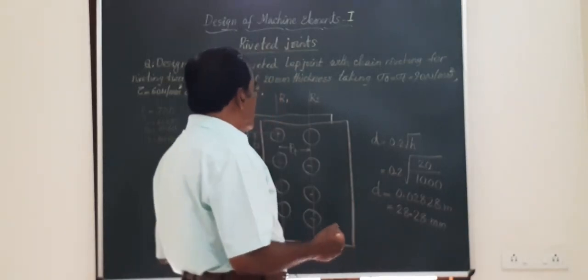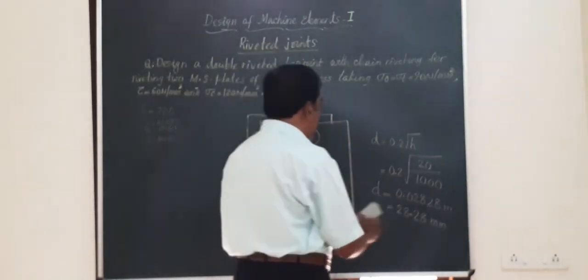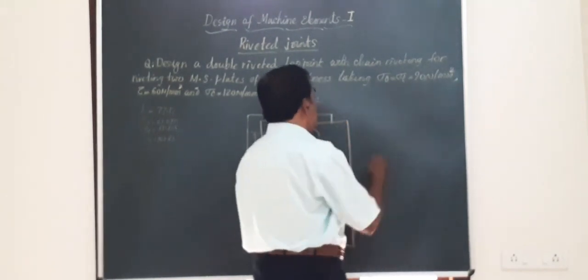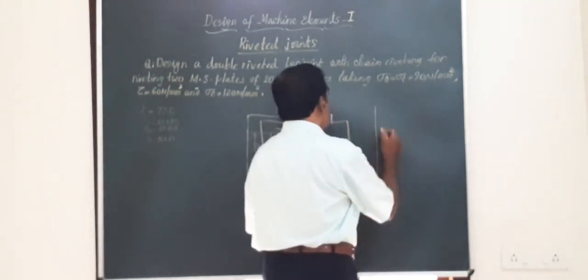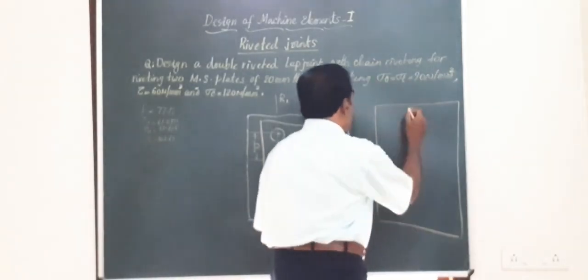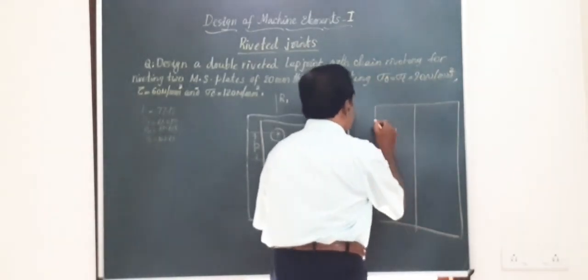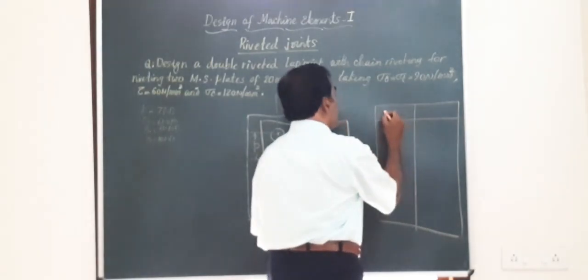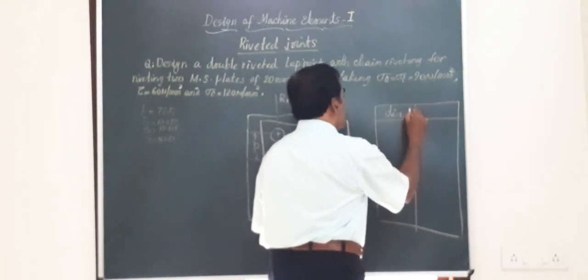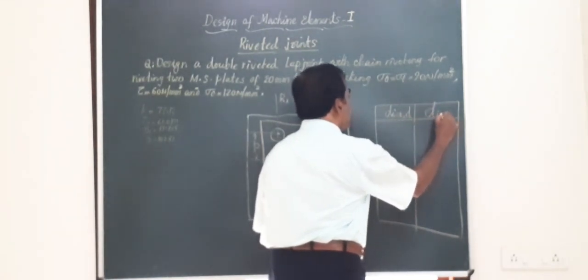And hence here, if you refer to the data handbook, there is a table which will give you the standard diameter of the rivet, and also the corresponding hole dia. So they will give you the diameter of the rivet, small d, and the corresponding hole dia, dh.